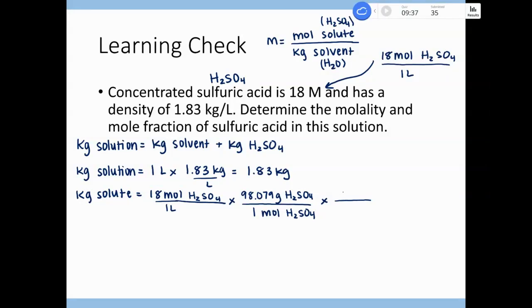We're looking for kilograms. One kilogram is 1,000 grams. So this is 1.765 kilograms of H2SO4.